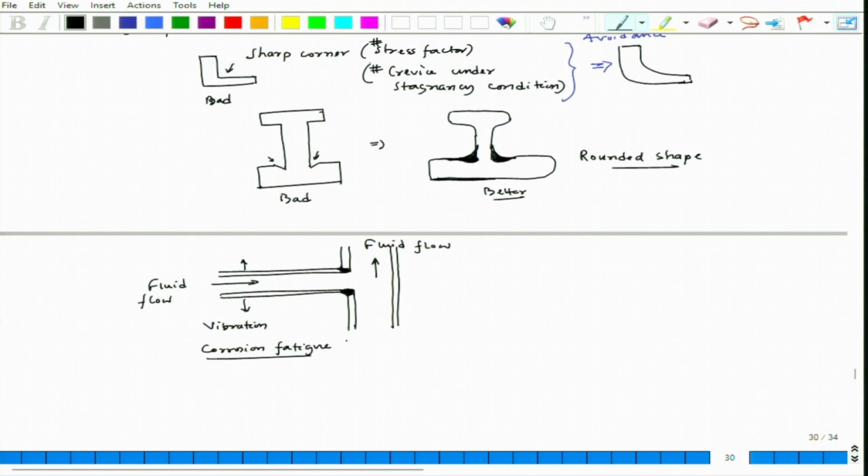To avoid this, one should have a flexible hose, or for example, a proper support. So, let us say this is my support and this is another support, which are actually holding the pipe system, which is joining to the main fluid flow, and the vibration effect can be avoided to a great extent. So, we are actually avoiding a stiff support.